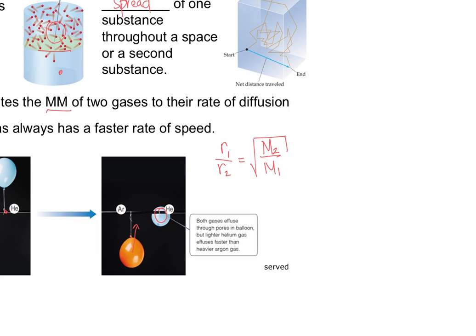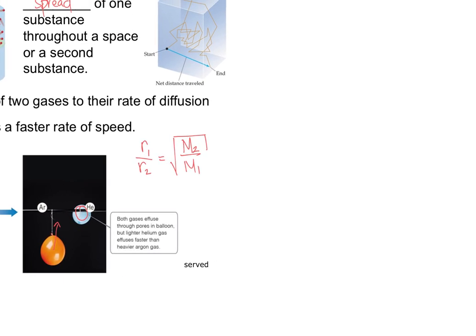And this actually gets derived from the root mean squared equation, where if I take u_rms, which is the rate, of molecule 1 over u_rms of molecule 2, we do the square root of 3RT over M1 divided by the square root of 3RT over M2, and we can see that the 3RTs are going to cancel out, and we end up getting 1 over the square root of M1 divided by 1 over the square root of M2.